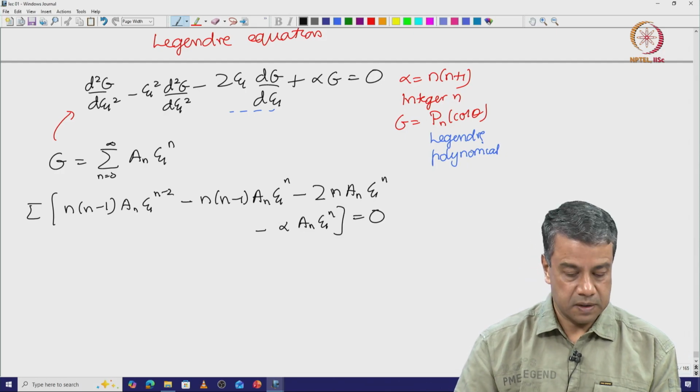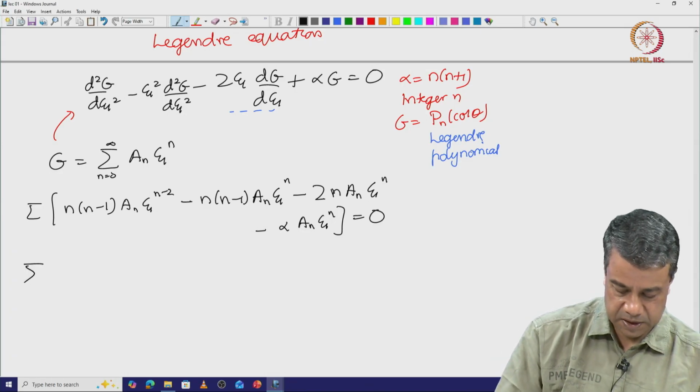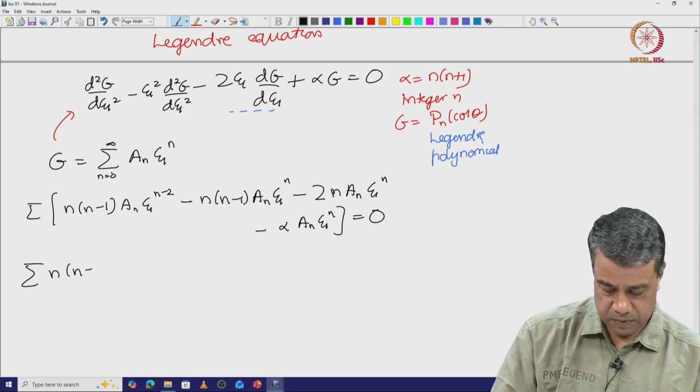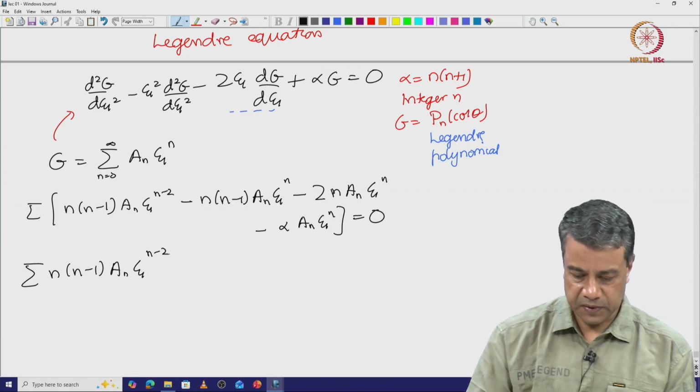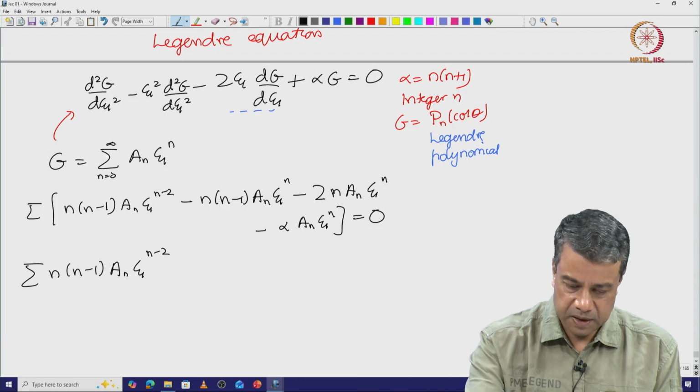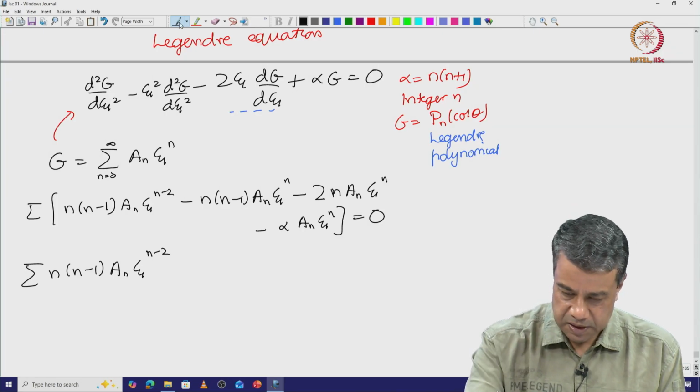Now, look at this equation. The first term I have here is n into n minus 1 a n psi power n minus 2. All of the other terms are multiplied by psi power n.